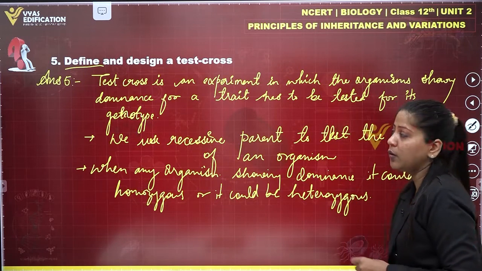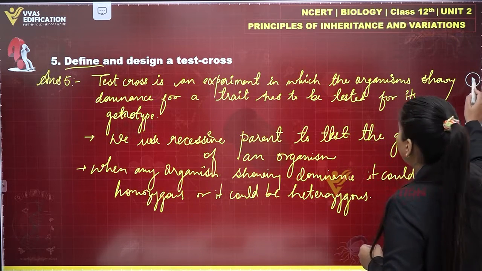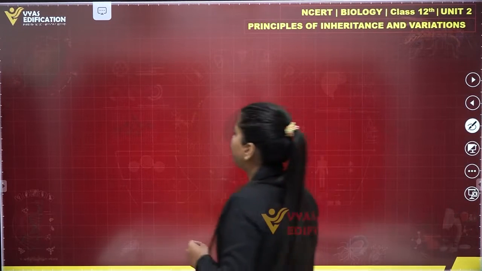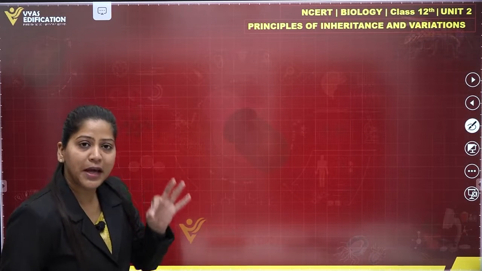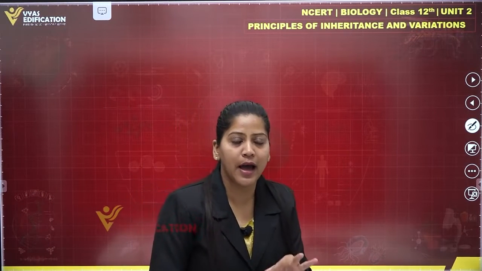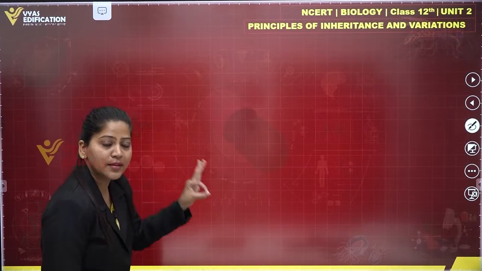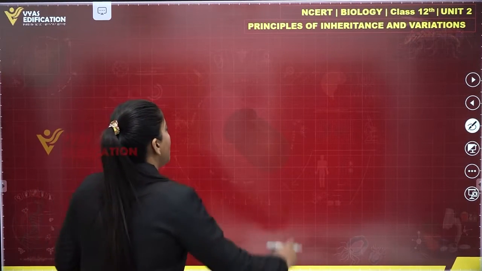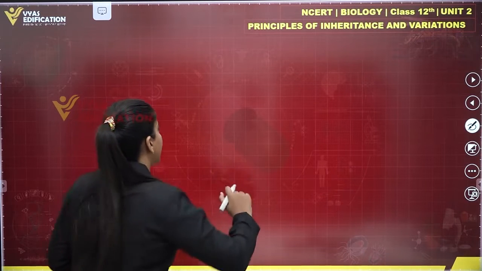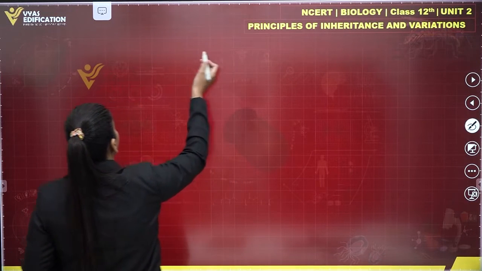Now let's talk about the test cross. We are going to design a test cross over here. As we know, to test the genotype of any organism, we will use a homozygous recessive parent. So let's talk about the height of a plant.